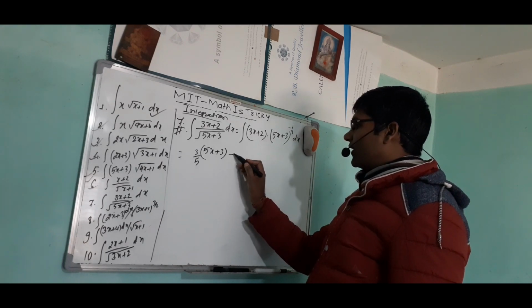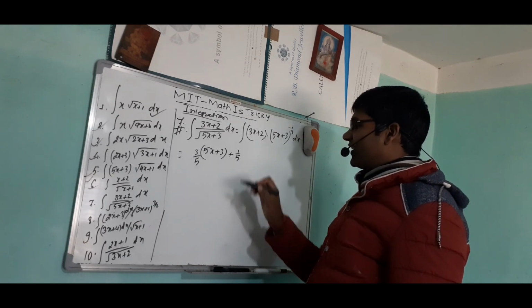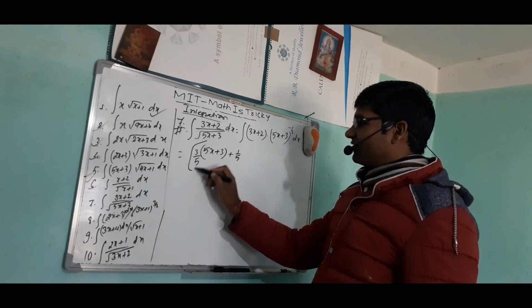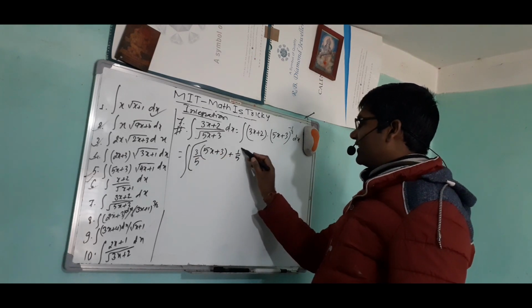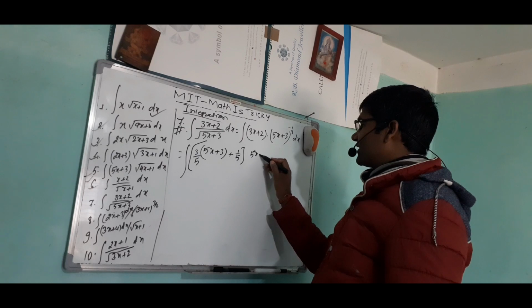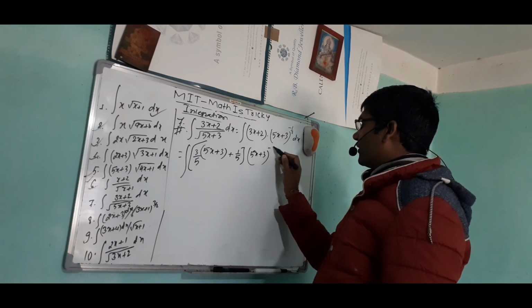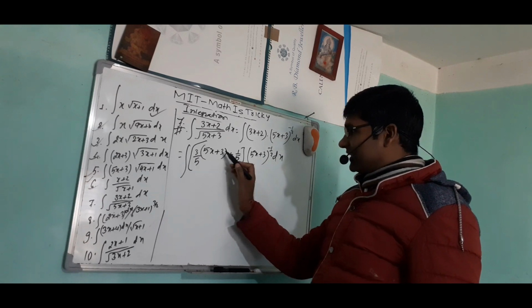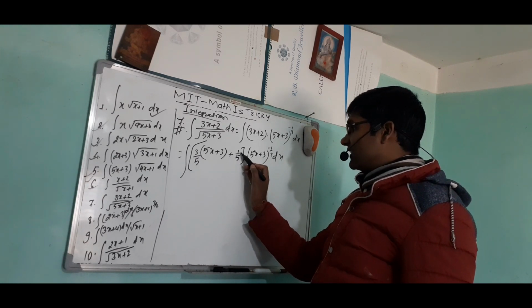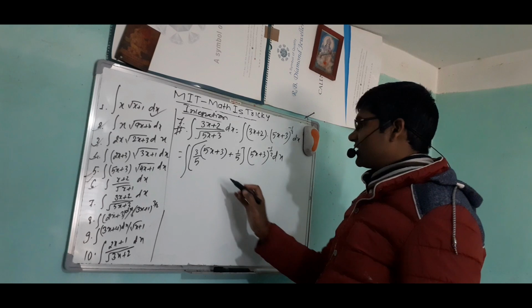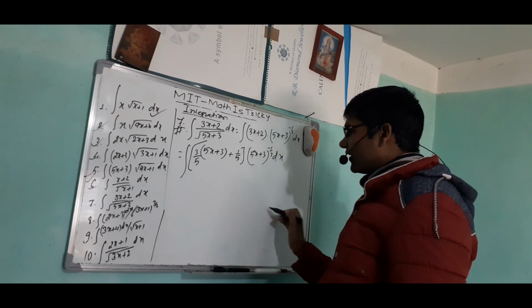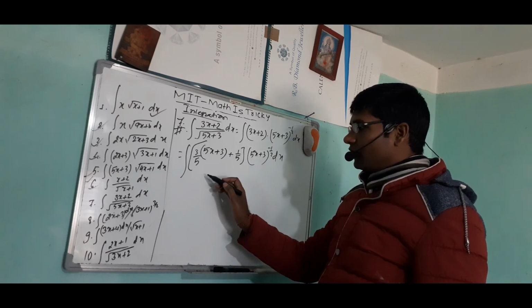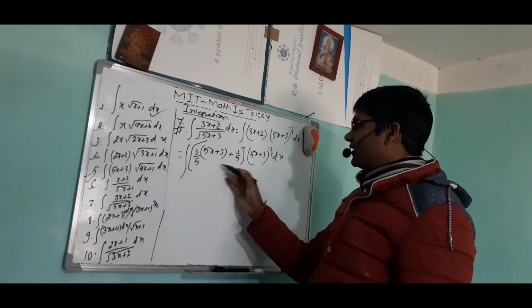So 9/5 plus 1/5 gives us the (5x+3) to the power minus 1/2 dx. 3 times 3 is 9, 9 plus 1 is 10, 10 by 5 means 2. That's your answer. As before, you can do it in rough and write here. If you are confident, you can just write it directly.